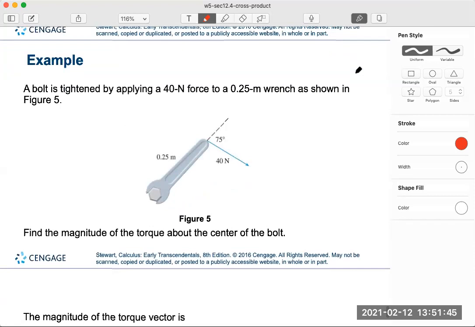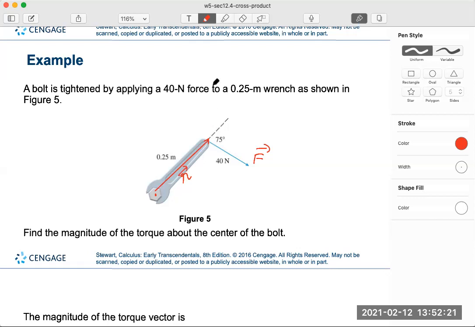So let us do this example. Suppose the force here, F, is 40 Newton, pointing this way. So the distance from this to the position where we apply the force here, we call it the vector R, right?